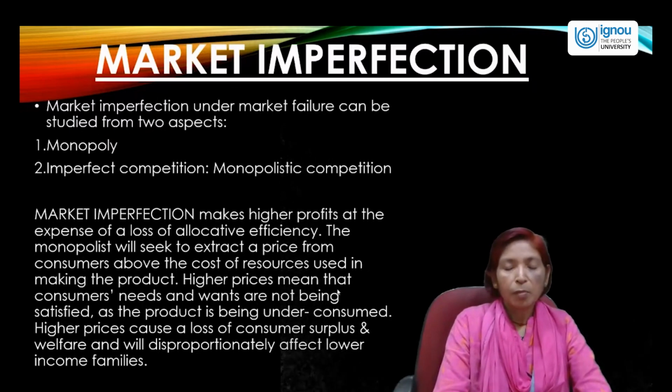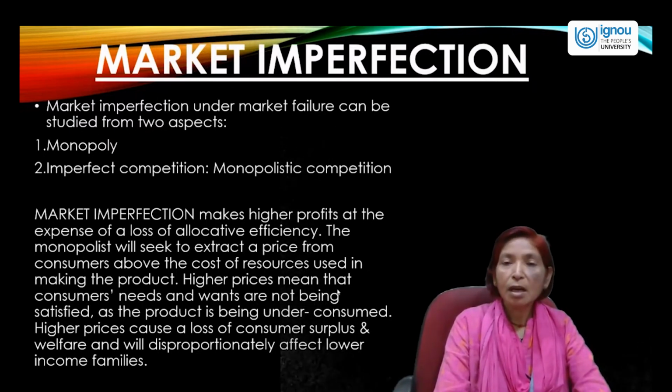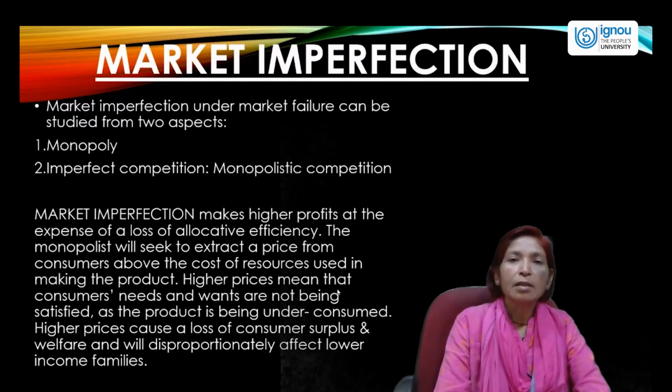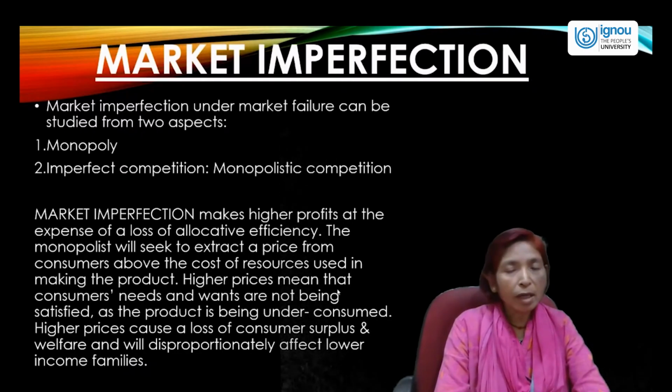So, if a monopoly firm charges higher prices from the consumer, then those consumers who are not able to pay that higher price, those consumers who can't afford that commodity at the higher price, will not fully consume that commodity.